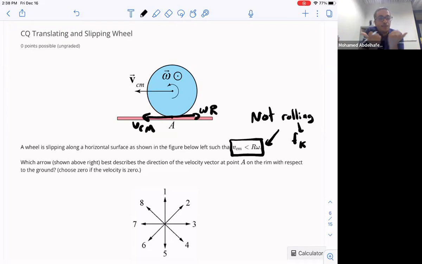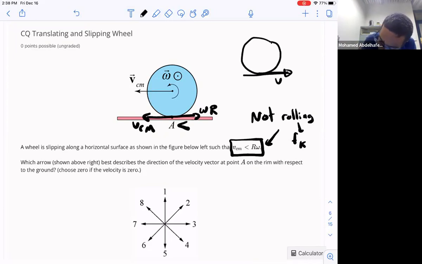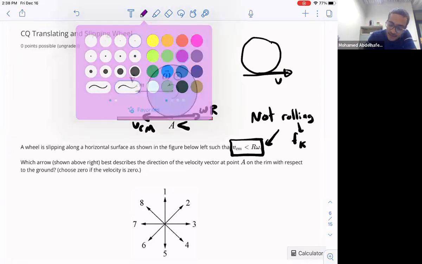We have these two competing velocities at the bottom. Any questions about that? And the question tells us that VCM here is less than omega r, so this is bigger. So the net velocity of this contact point is moving to the right. Why? Because the omega r is bigger than the VCM. So the contact point is moving to the right relative to ground. So that's why friction just opposes that and goes to the left.